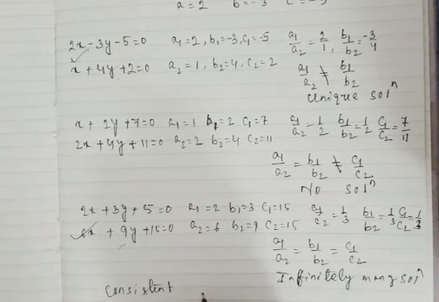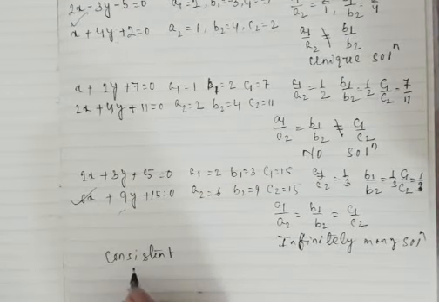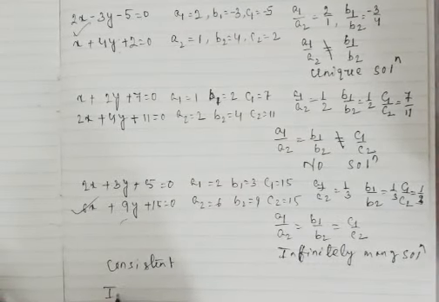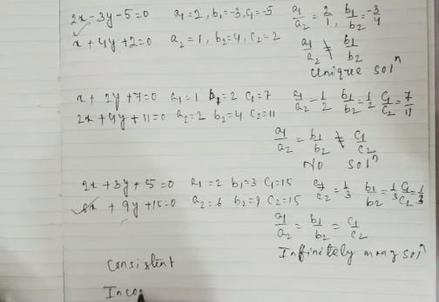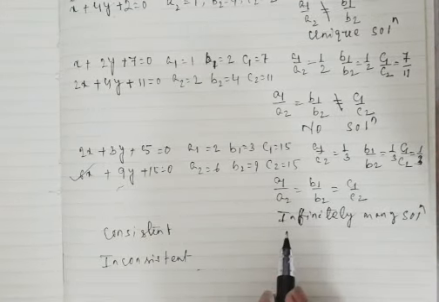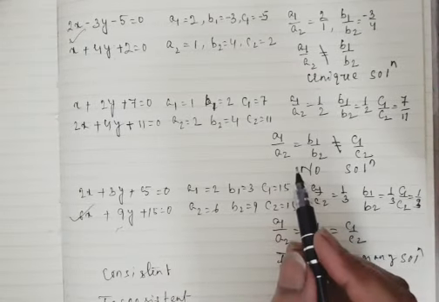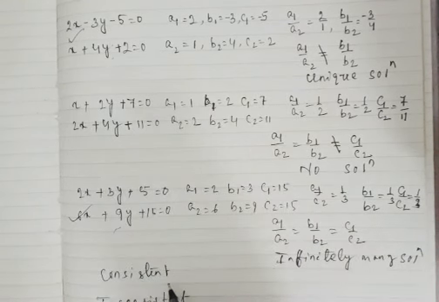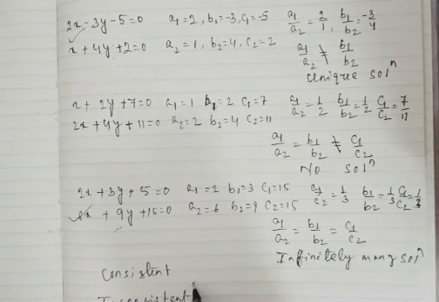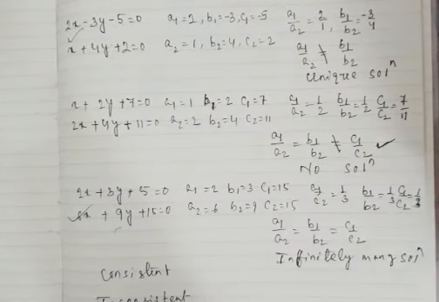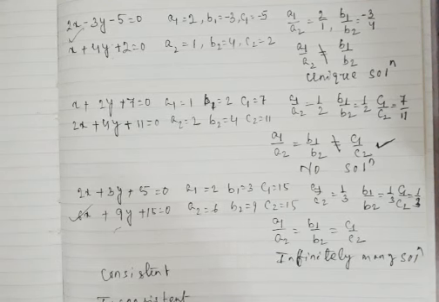And whenever they have no solution, they are an inconsistent pair of linear equations. Pairs that have some solution are consistent in nature, and those without any solution, like this one, are inconsistent.